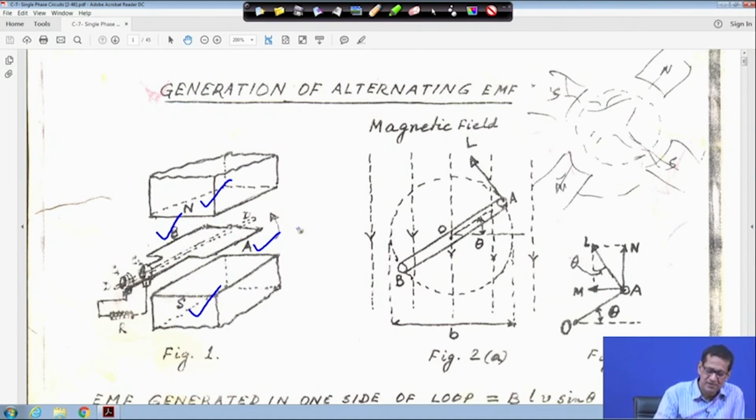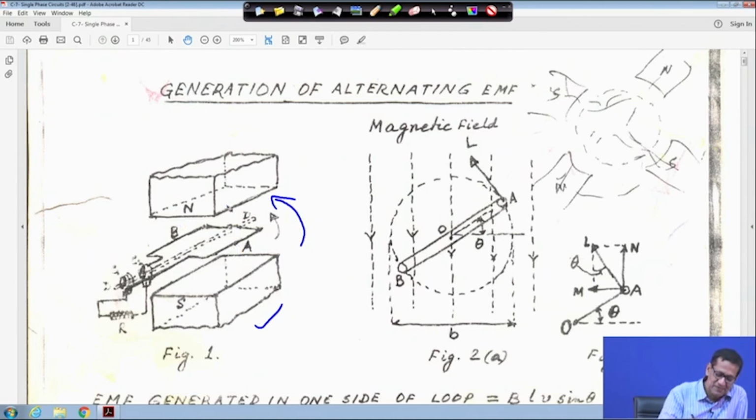say this coil is revolving, it is rotating in the anti-clockwise direction, right. Now, in the diagram as drawn, it is in the horizontal position, right.